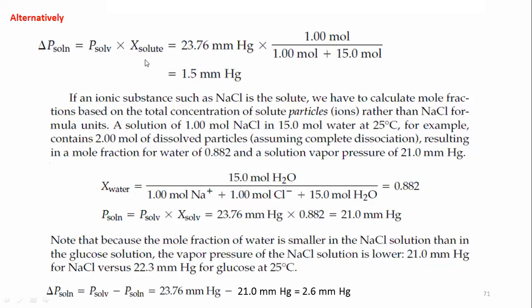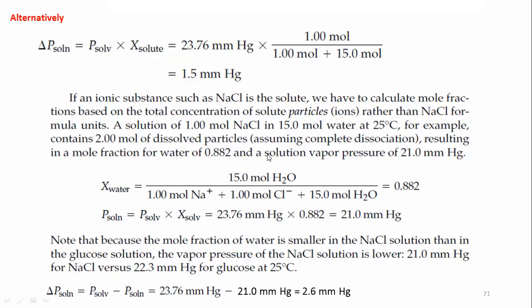Now by using the same formula we have used before, or even you can use the other formula, here I'm just using one of the ways. The second you can calculate at home. Now I'm using the vapor pressure of the solution, which is the vapor pressure of the pure solvent multiplied by the mole fraction of the solvent. The value of this one we have calculated. The vapor pressure of the solution is 21.0 mm of mercury.